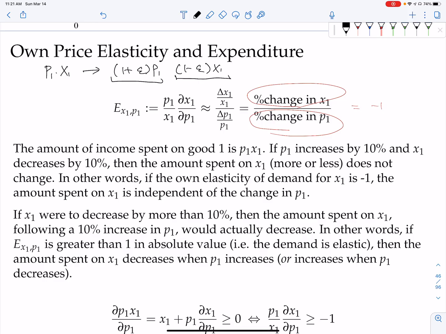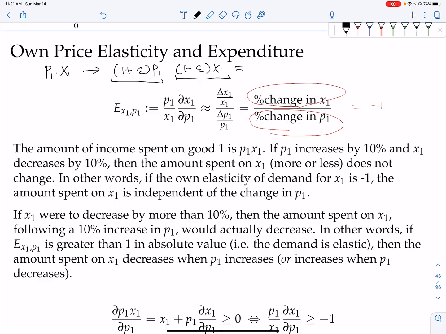That means the price elasticity is -1, right?